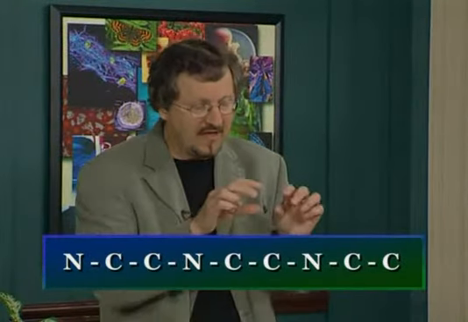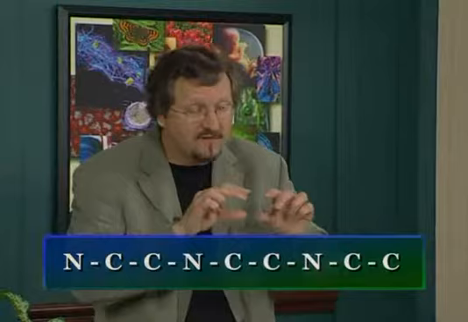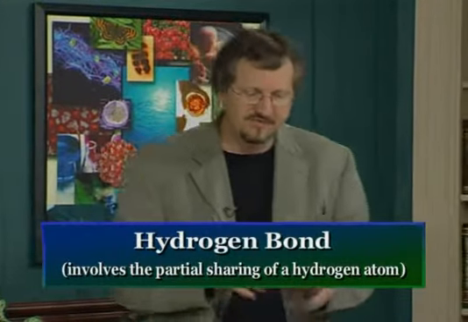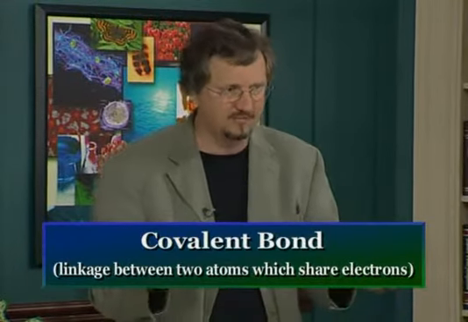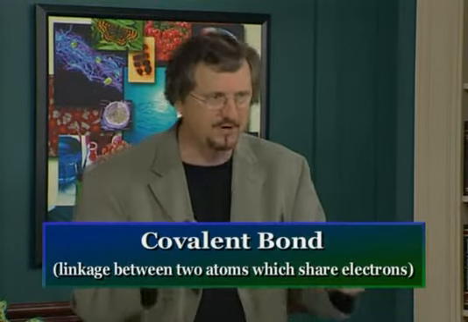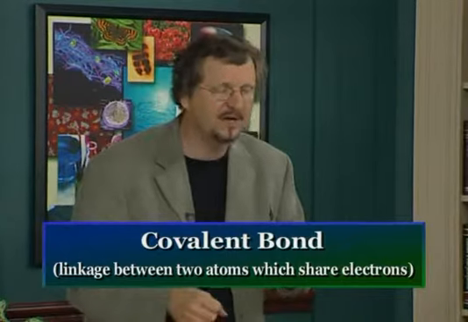And those nitrogens and carbons and the regular invariable part of the amino acid can form weak molecular interactions with each other that we call hydrogen bonds. Now, I've already defined for you a covalent bond, which is a very, very strong chemical bond that once built is hard to break. Hydrogen bonds, by contrast, are very weak chemical bonds.